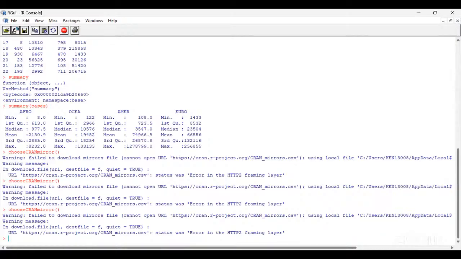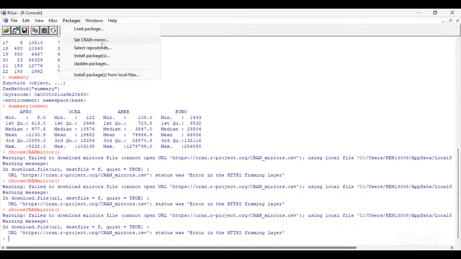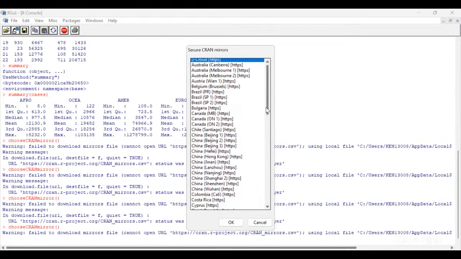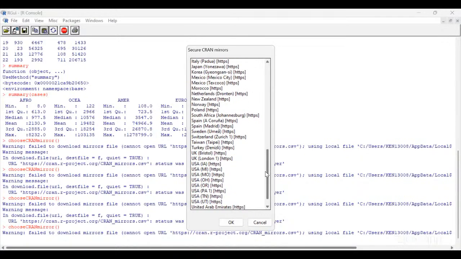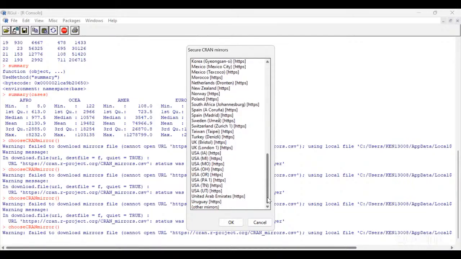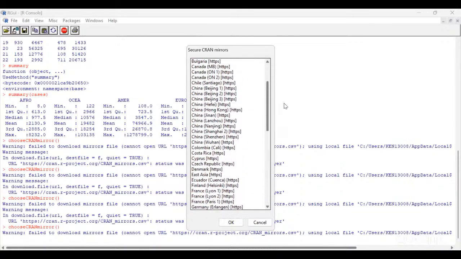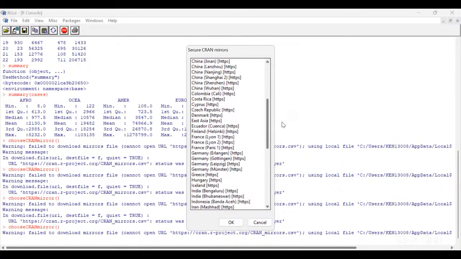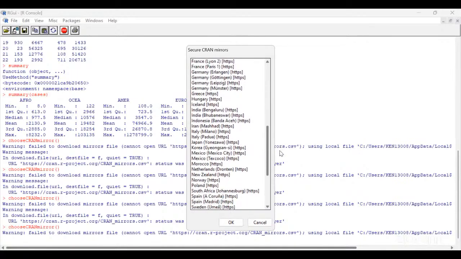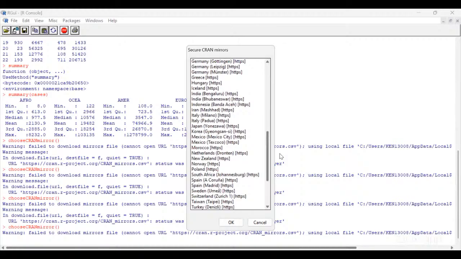So let us try South Africa. We are all Africans, so let's try South Africa. Yes, I'm seeing South Africa there, Johannesburg. Yes. And enter.